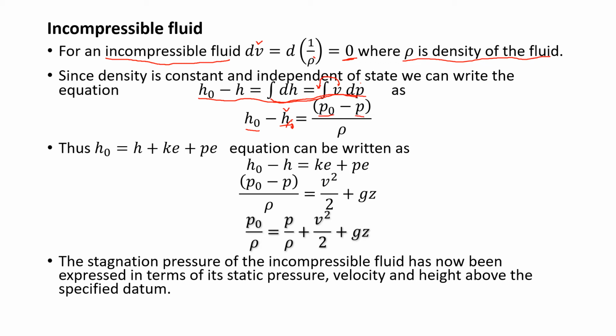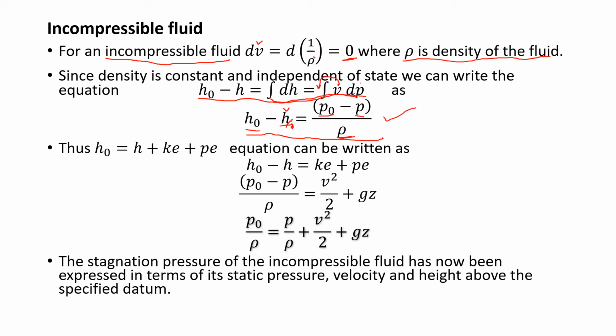So P naught minus P, divided by rho, since 1 by rho is nothing but specific volume. Now we got this equation after the integration for incompressible flow: H naught minus H is equal to P naught minus P by rho.